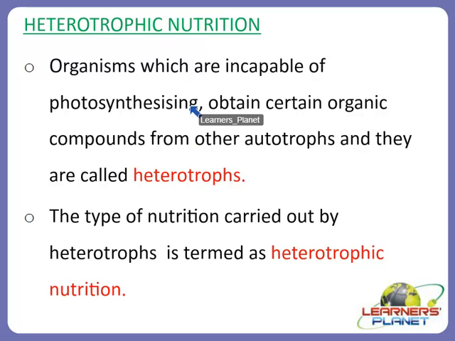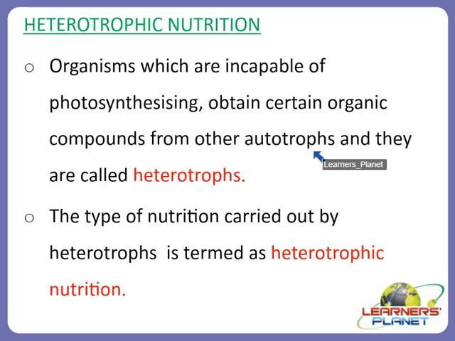So students, organisms which are incapable of photosynthesizing, that is, they are not able to synthesize or manufacture their own food, obtain certain organic compounds from other autotrophs, and so they are called heterotrophs.